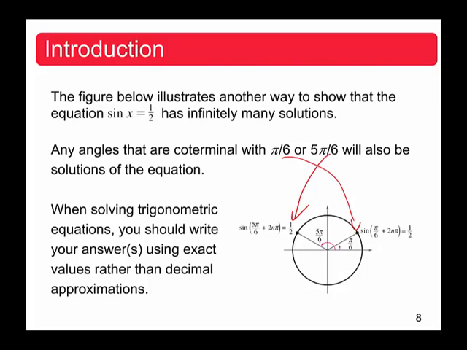The general solution comes from coterminal angles of 5 pi over 6 and pi over 6, and they both yield the same result of half. Typically when solving a trigonometric equation, you write the answer using exact values rather than the decimal approximation. So keep it as it is.